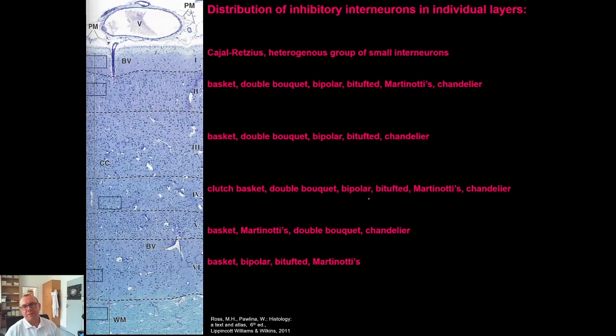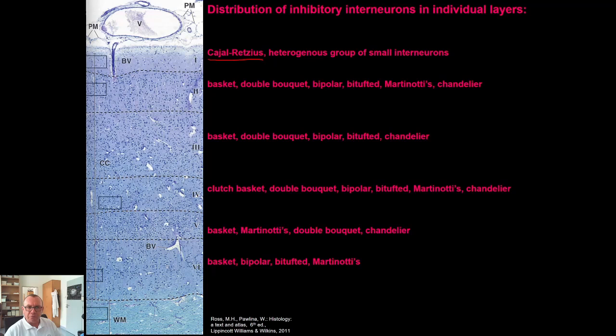If you look at this picture, you will see a distribution of inhibitory interneurons. I think nobody can remember this. Maybe you can remember the interneurons of the molecular layer, Cajal-Retzius cells. They are quite well known, but then it is impossible to remember.